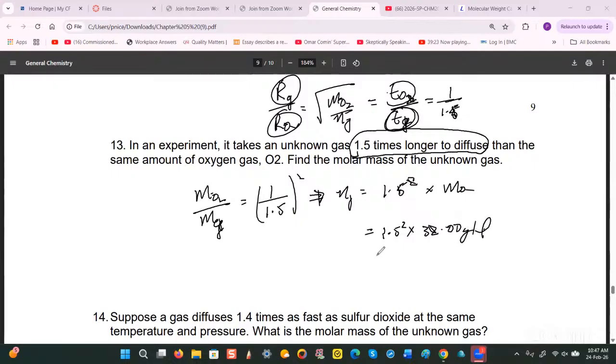Okay, and 1.5 squared times 32.00 rounds up to 72 grams per mole. And that's it. All right. I'm going to leave the rest of this for you to complete. And again, if you have any issues while doing it, let me know.